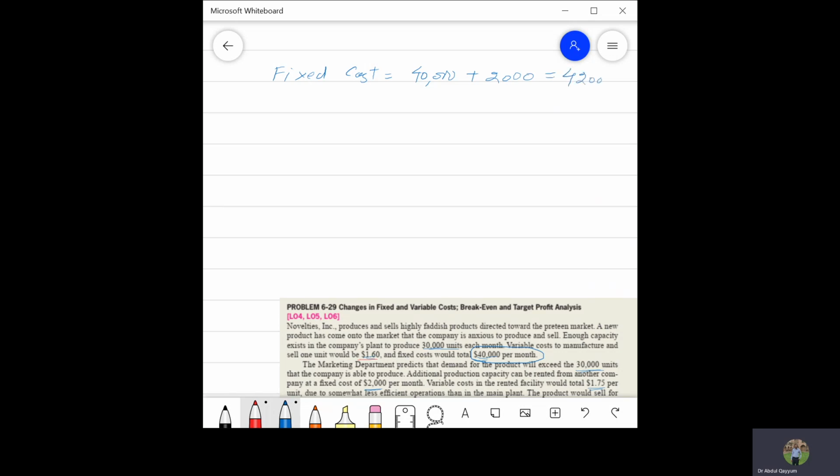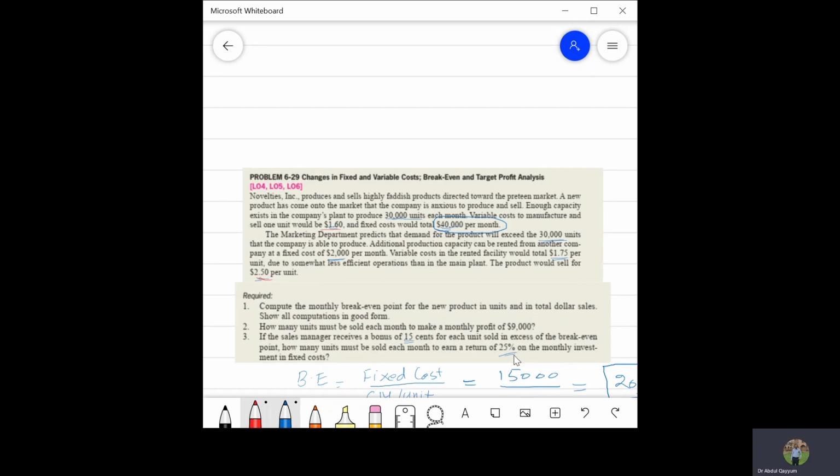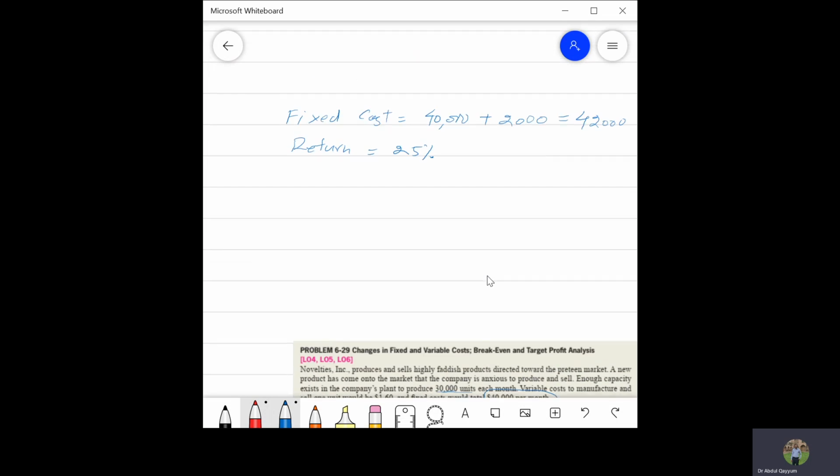So total 42,000. So we want 25% return on our monthly investment in fixed cost. So find out 25% of this monthly cost, and this will give us 10,500. So this is the return we want.